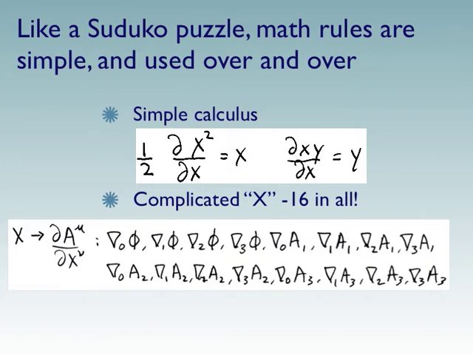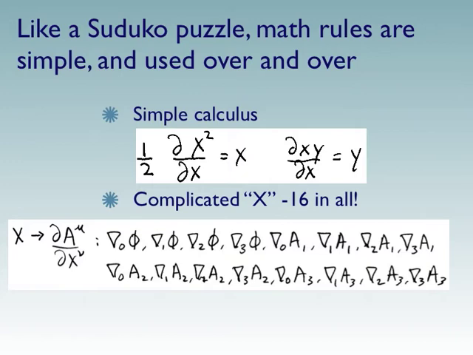So the calculus is simple. The derivative of x squared with respect to x is just 2x. This is probably the first bit of calculus everyone learns, and we need it. But fortunately, it's not that difficult. And the derivative of x times y with respect to x is just y.